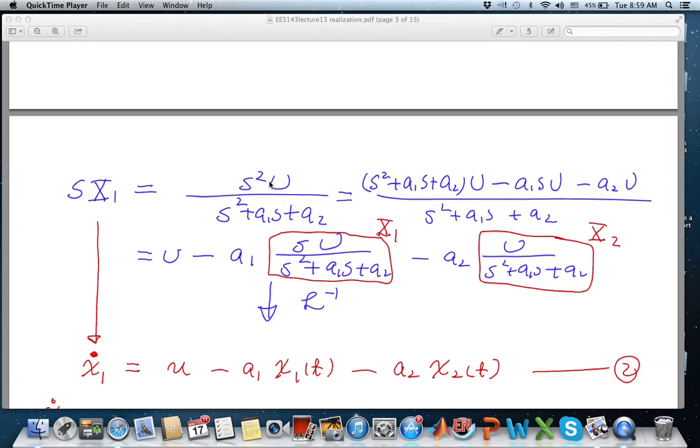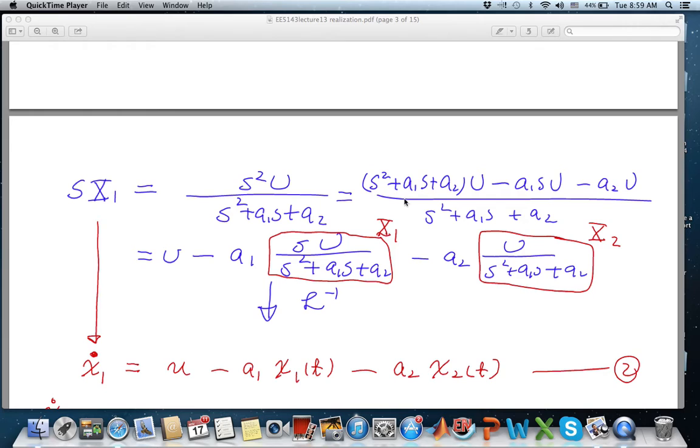So in this case, we have exactly the same degree, s squared in the numerator and s squared in the denominator. Okay, so let's look at how we can represent this one. This s squared U is going to be exactly (s squared plus a1 s plus a2) times U minus a1 s U minus a2 U.